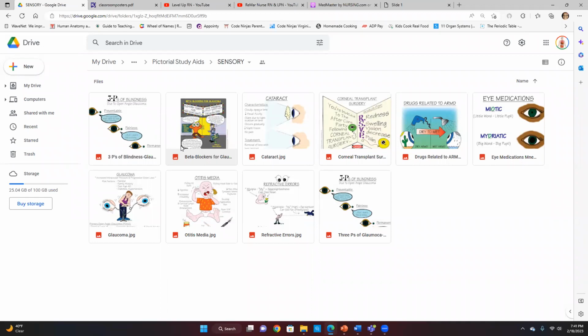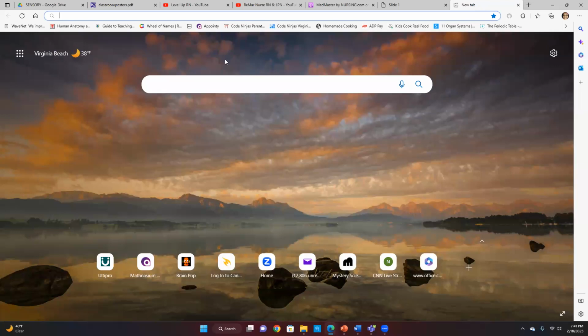If you are a visual learner, not only use these visual aids, but tell your teacher, you know what, Mrs. Professor or Mr. Professor, whoever your teacher is, I'm a visual learner. I do this a lot in my class, and I'll give you an example.